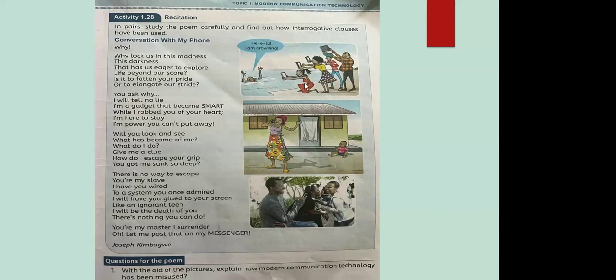People are lying using phones, and it has also developed theft. People are stealing from people using those phones. So they have also misused the communication. Yes, indeed, people have used modern communication technology by telling lies, by giving false information.